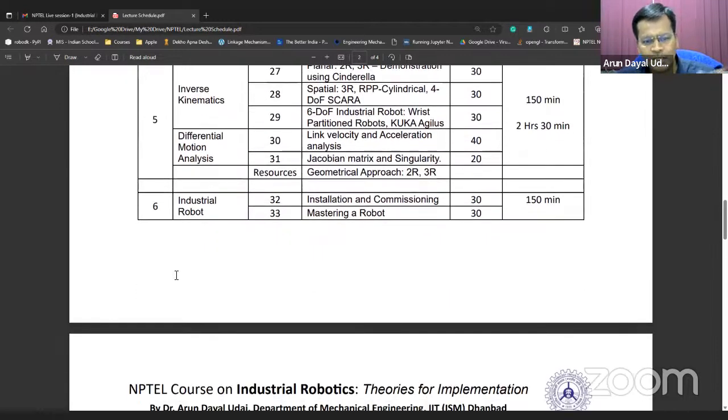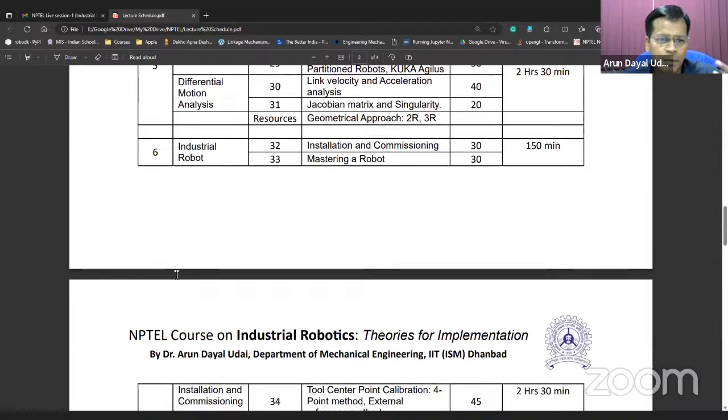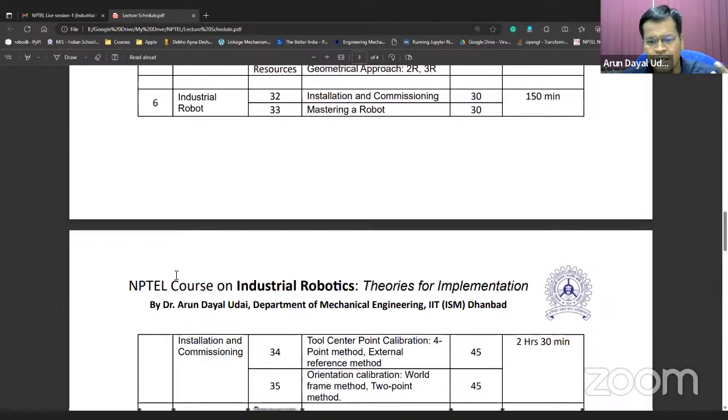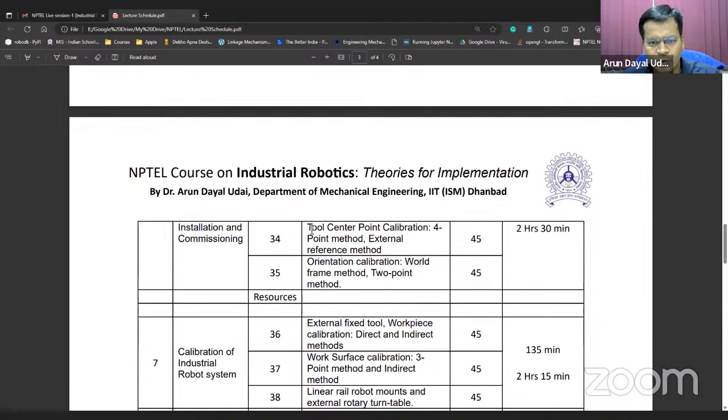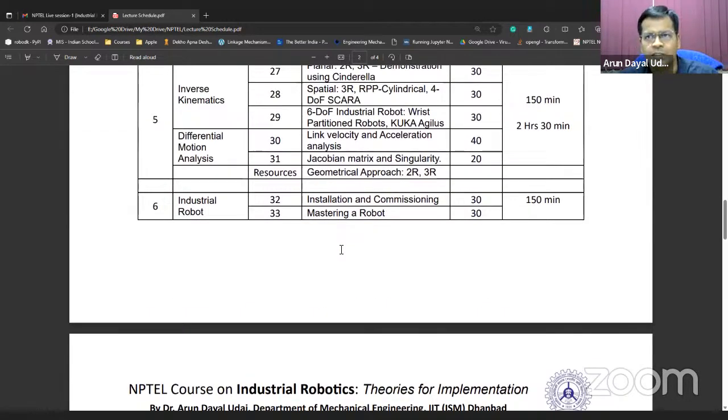The rest of the syllabus, as will be revealed, you will find very much applied in a sense. They will directly cover tool center point calibration, the 4-point method. So these things, what I have seen, are already there in the manuals only. And no robot manufacturers will tell you how exactly it is functioning behind.